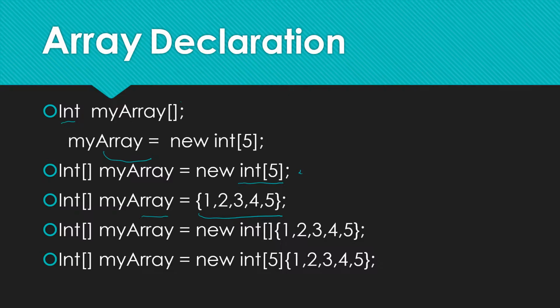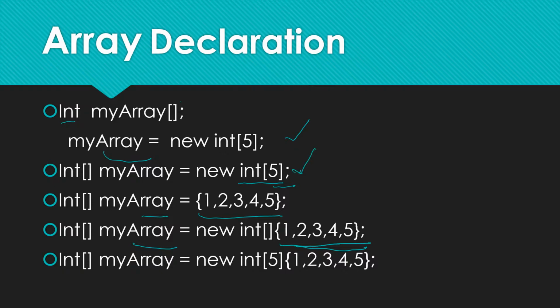And here in the fourth one, we are declaring the array. myArray is equal to new int of, we are initializing the values of the array. So either we can specify the size of the array, or we can initialize the values of the array. We cannot do both.